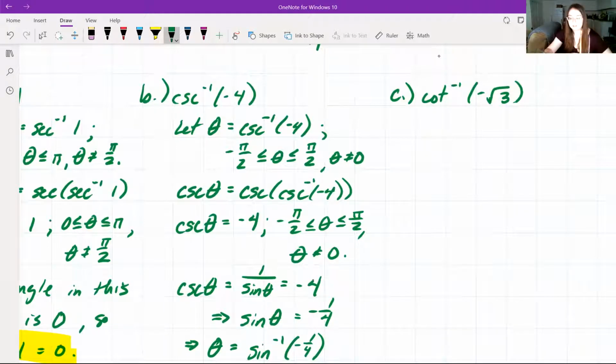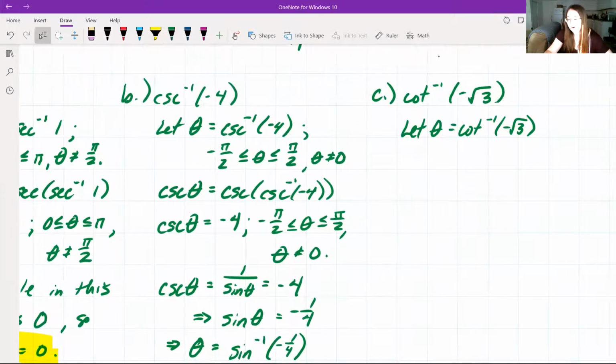So just as before, we're going to let theta be equal to cotangent inverse of negative square root of 3, where we see that our value of theta is going to be between 0 and pi.